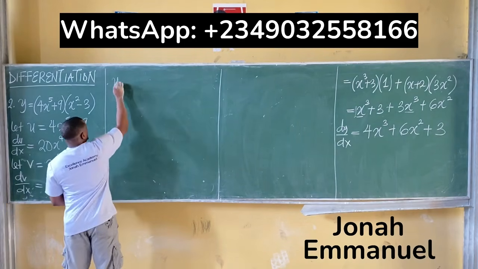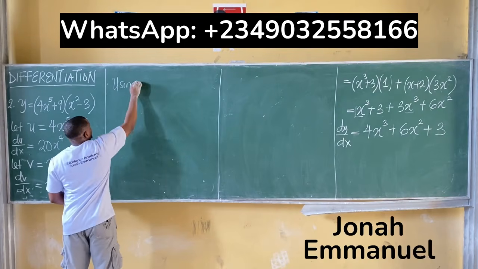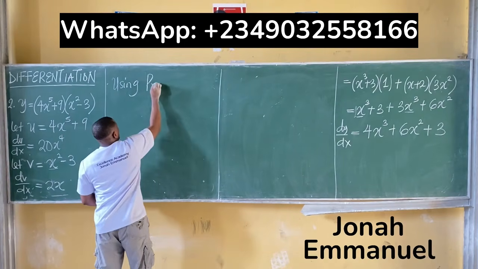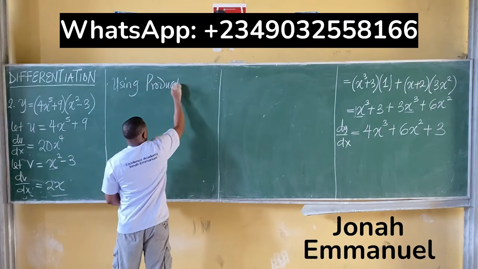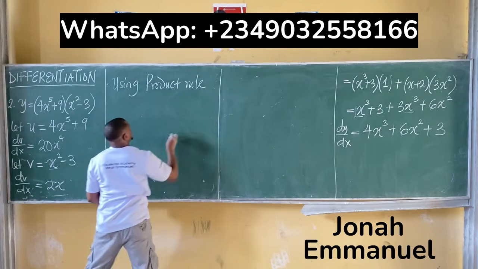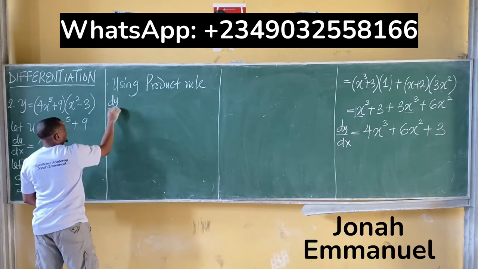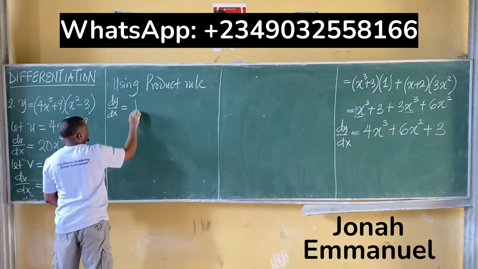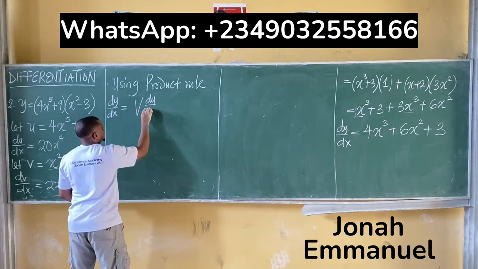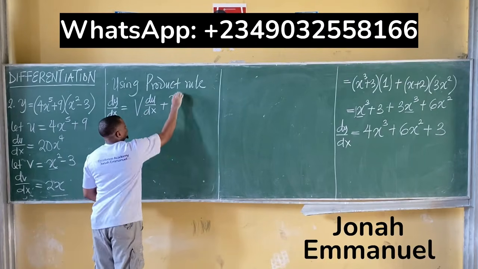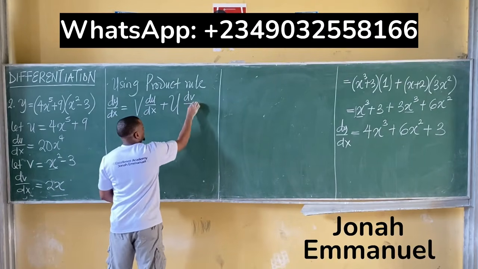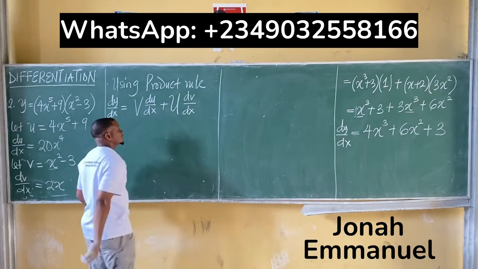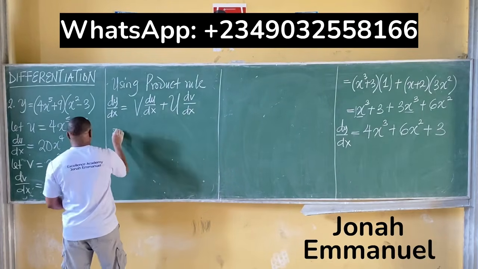So using product rule, we have that dy/dx is equal to v du/dx plus u dv/dx. All right. What's v there?